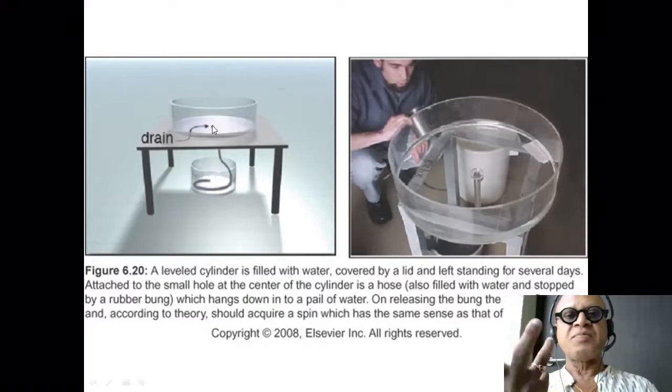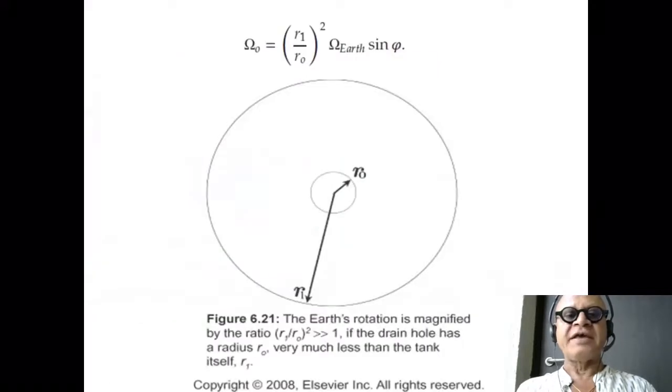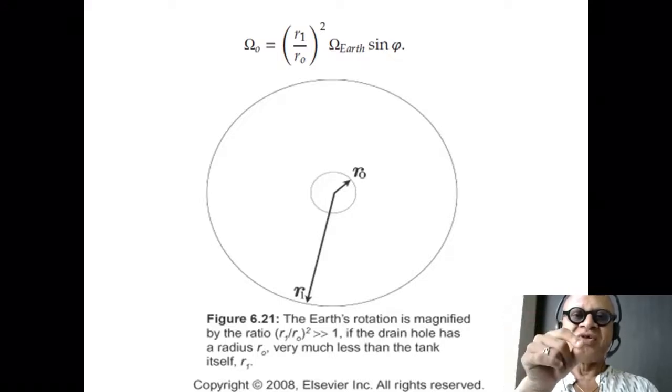So you would set up solid body rotation or pump water in at the edge and give it angular momentum, and then see how things evolved as they headed towards the drain in the middle, and we had said that the amplification was happening because the radius decreases as the fluid parcel moves from the outer edge to the drain.